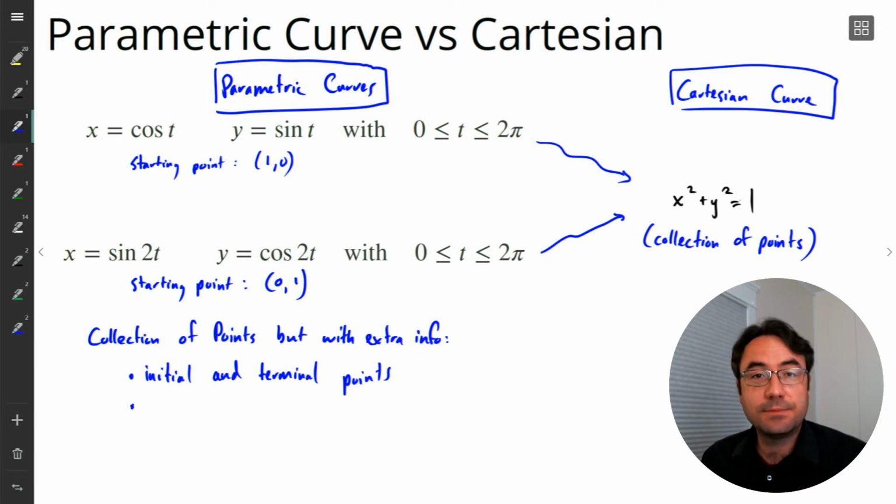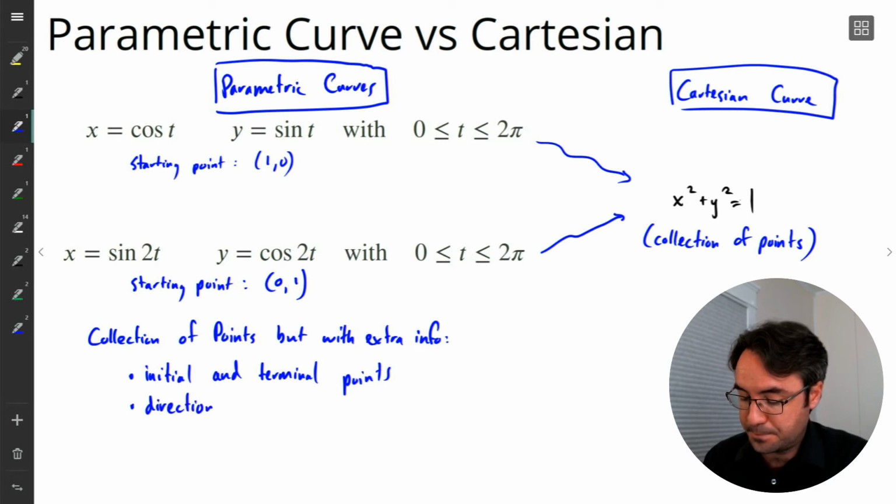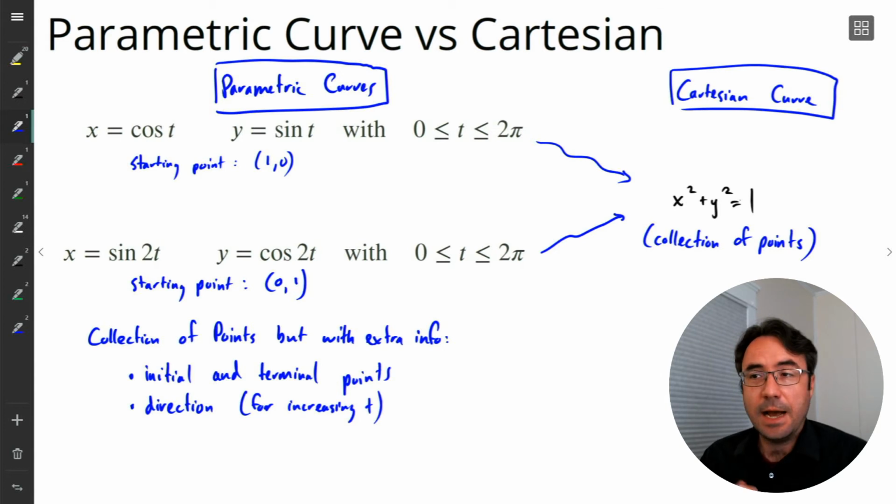There's a direction. So there's what direction, as t increases, do we go around the curve. So this was for increasing t. How many times do we trace out the collection of points?